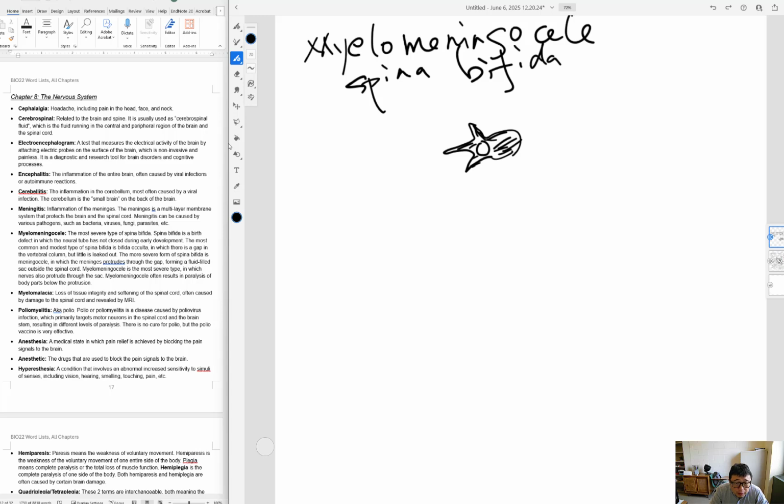In the center, there's a big hole that allows the spinal cord to go through. And then if you look from the side view, it's something like this.